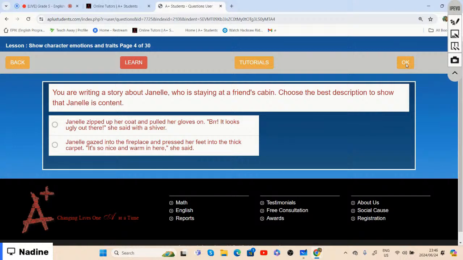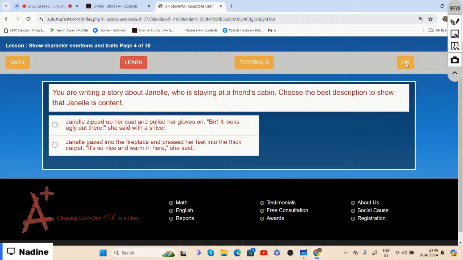It says you're writing a story about Janelle, who is staying at a friend's cabin. Choose the best description to show that Janelle is content. So she's staying at a friend's cabin, right? You need to choose the best description to show that Janelle is content with living where she's living.